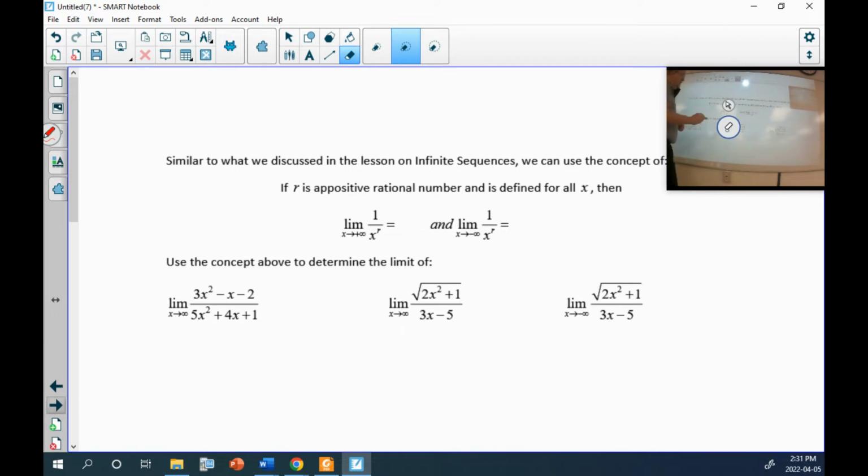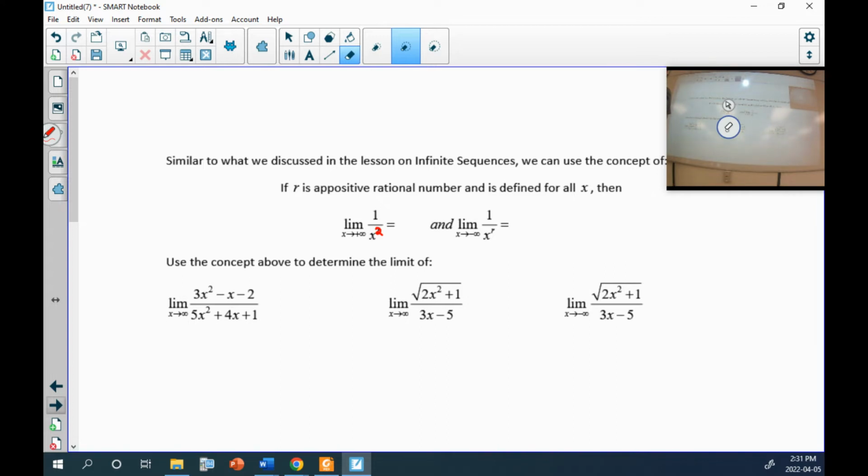Let's say this is y equals 1 over x squared. Plug in 1, it's 1. Plug in 2, it's 1/4. Plug in 3, it's 1/9. Plug in 1000, it's 1 over 1 million, which is 0.000001.